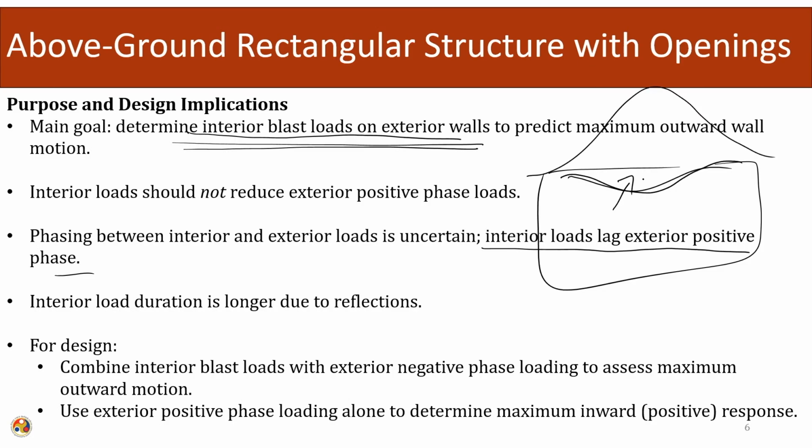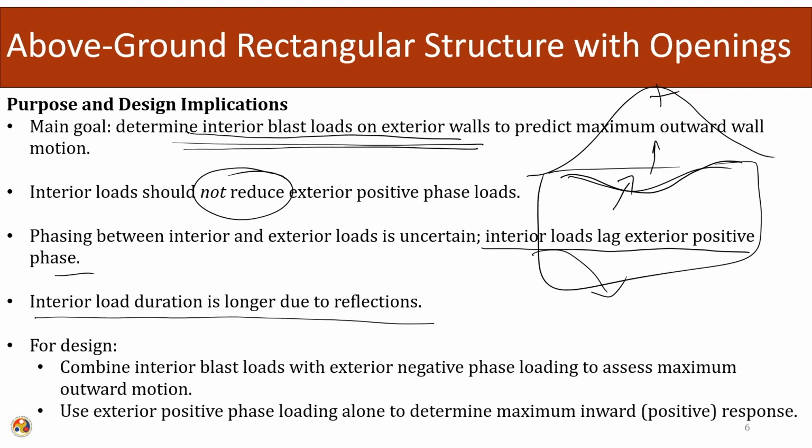They are not occurring at the same time, so their effect cannot be taken as reducing each other. We should not reduce the exterior loading. The interior load duration is longer due to reflections. Since this is a closed surface, there will be reflections occurring, and therefore the interior load duration will be longer than the exterior load duration.